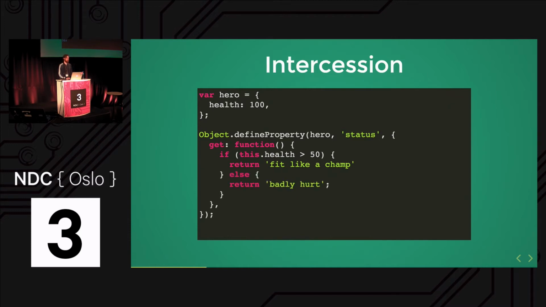Otherwise, it's going to return hurt badly, based on the health of this hero. So if I try to access hero.status here, that will be the string fit like a champ. But this sort of intercession in JavaScript is very limited, not very flexible, because you have to be very explicit about which fields should have these special properties.